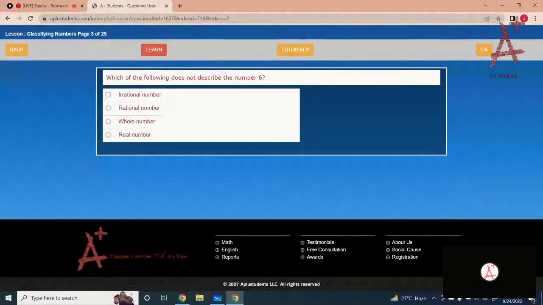Why? Because 6 is a real number, 6 is a whole number, and also one more thing, rational numbers. Rational numbers are the numbers that can be written in the form of a by b.